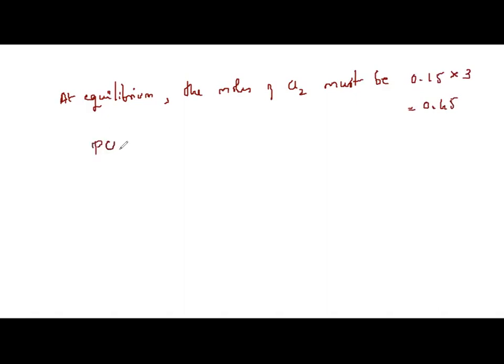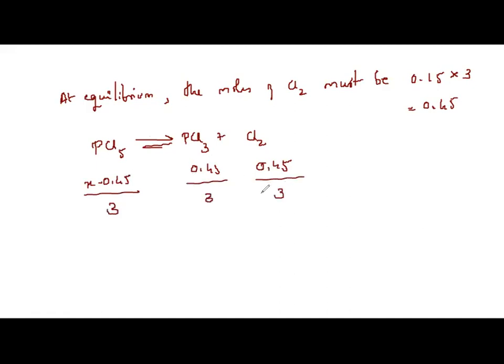PCl5 dissociates to give PCl3 plus Cl2. So here it is 0.45, 0.45, and here it will be X minus 0.45, divided by 3. This is the equilibrium concentration.